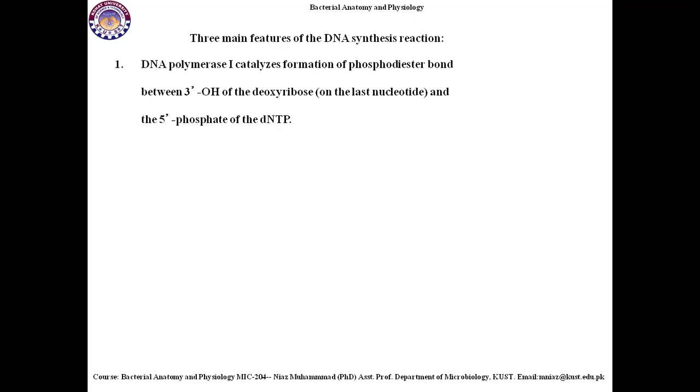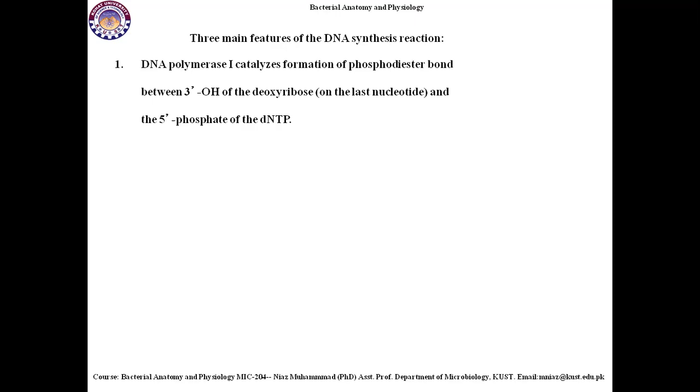DNA polymerase 1 catalyzes formation of the phosphodiester bond from one nucleotide to another nucleotide, between the 3' hydroxyl of the deoxyribose sugar on the last nucleotide and the 5' phosphate of the dNTP.